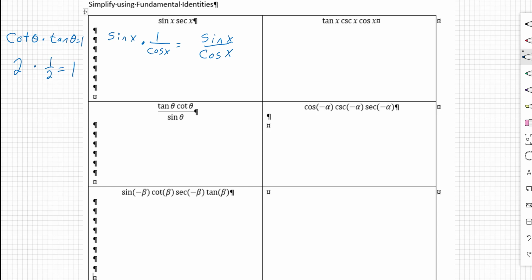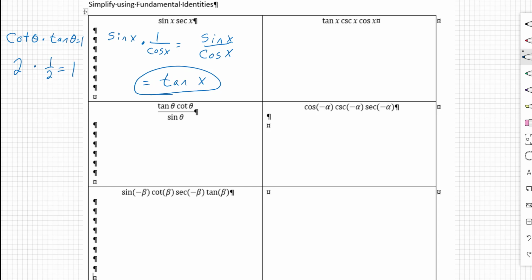And a way to simplify this, to write it in one term, would be to recognize that this is the same as tangent of x. So sine x secant x is the same as tangent x.